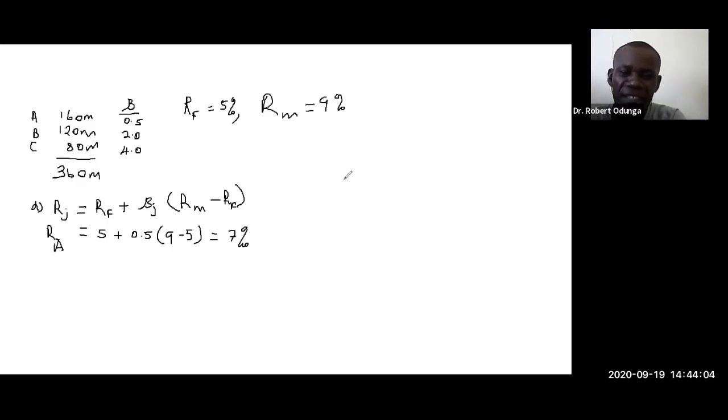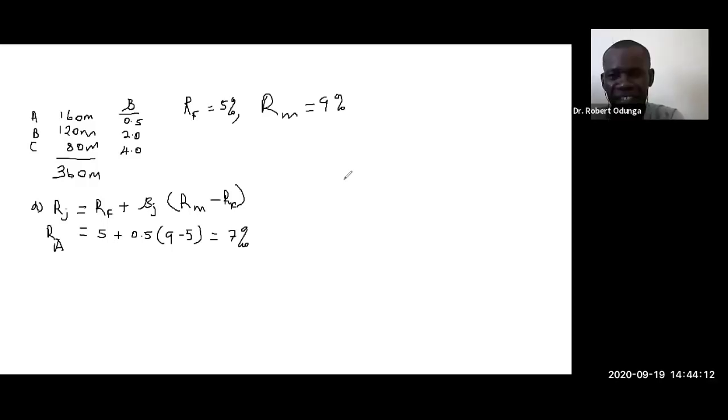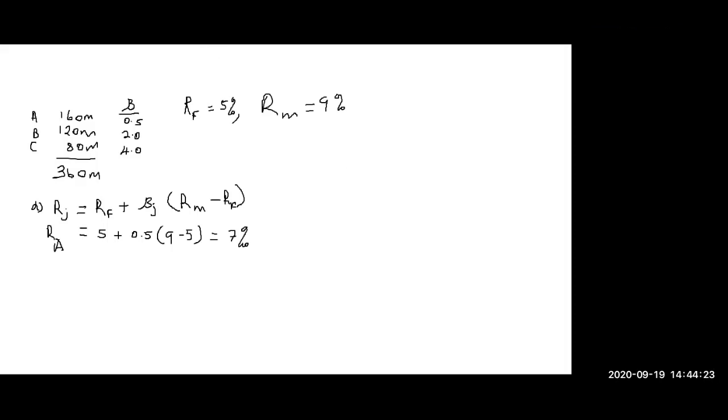So you open the bracket, that is 4, multiply by 0.5. It gives you 2. So 2 plus 5 is 7. You have to be careful when you have a mixture of this. There's always a rule that you follow.